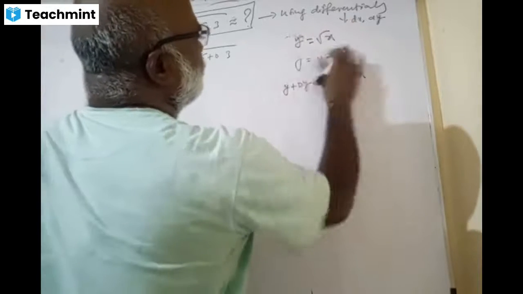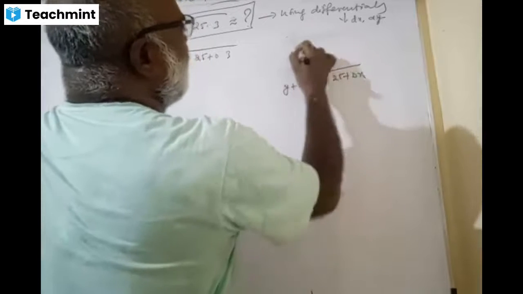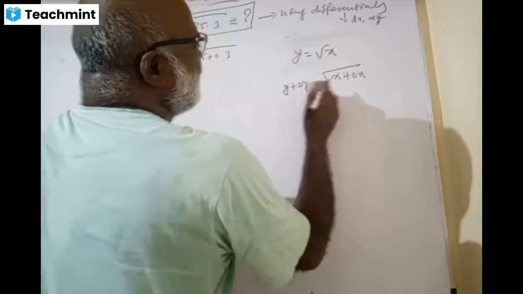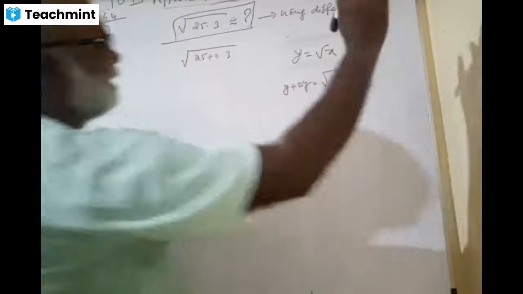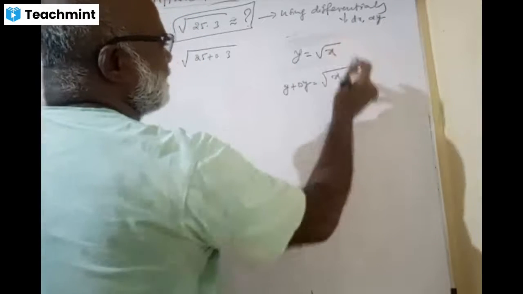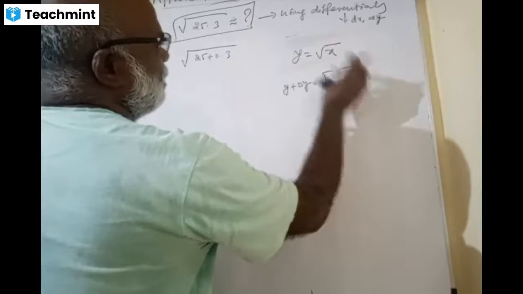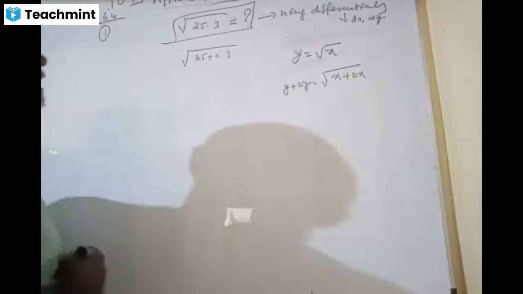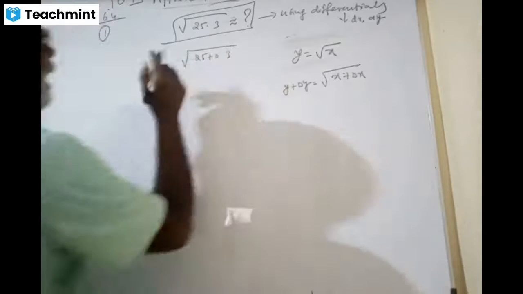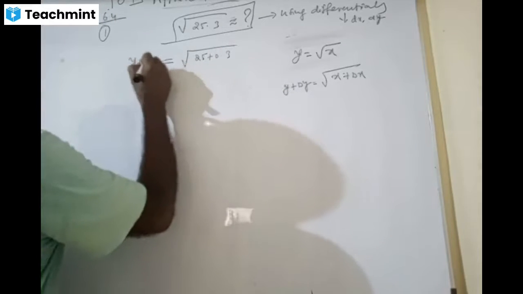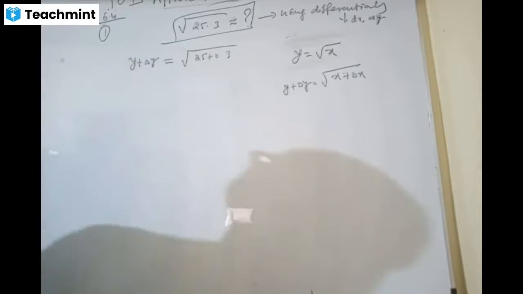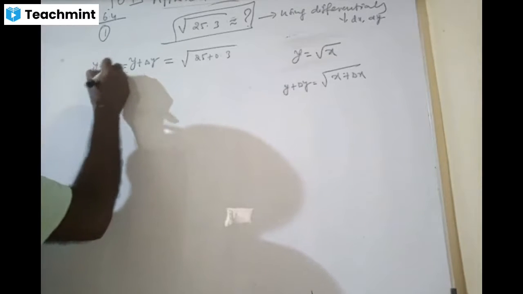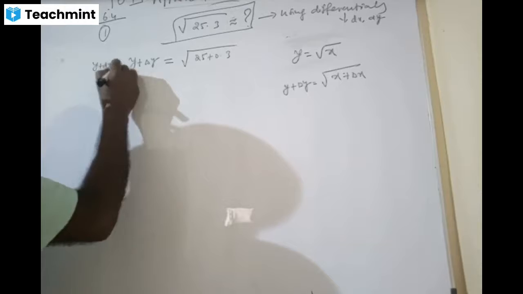If y is root x, y plus delta y becomes root of x plus delta x, because change in x is delta x. This is under the root, and change in y is delta y. This is called y plus delta y, or y plus dy. This is approximately equal to y plus dy.